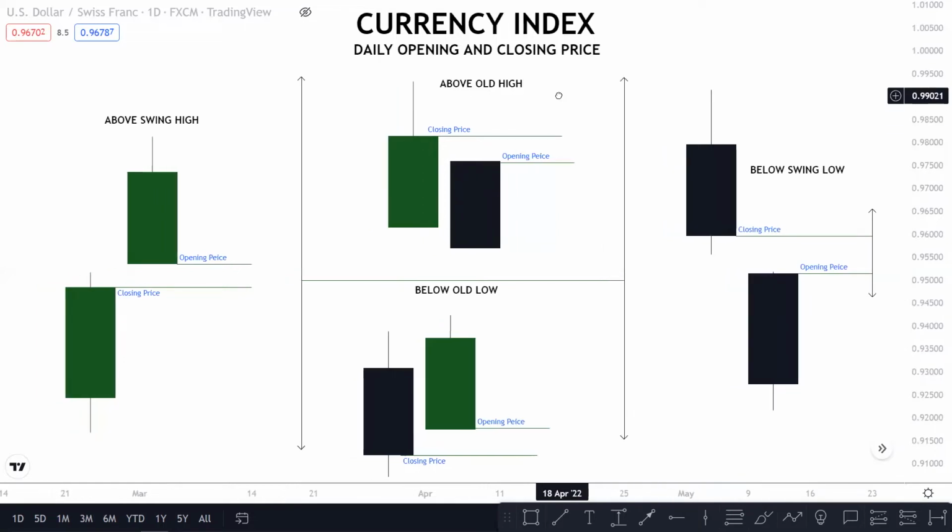In the middle, we have above old highs and below old lows. Above an old high. What do I mean by this?